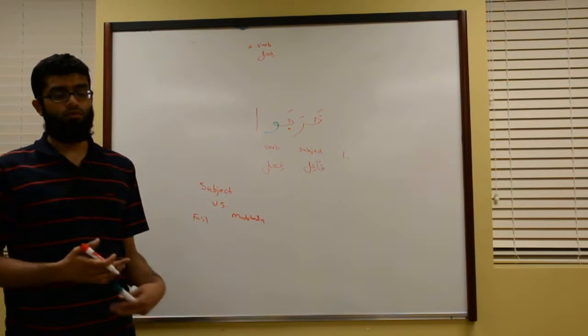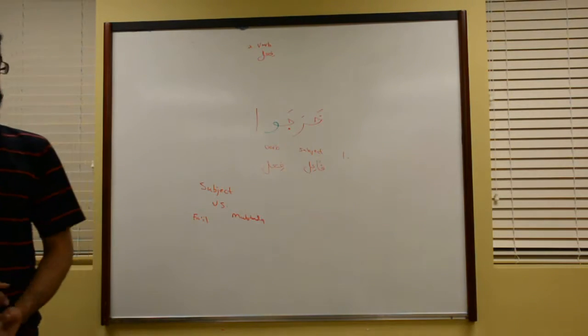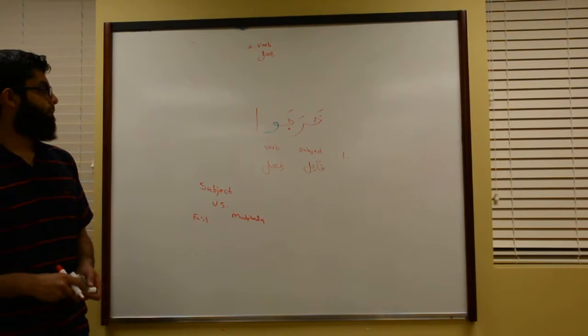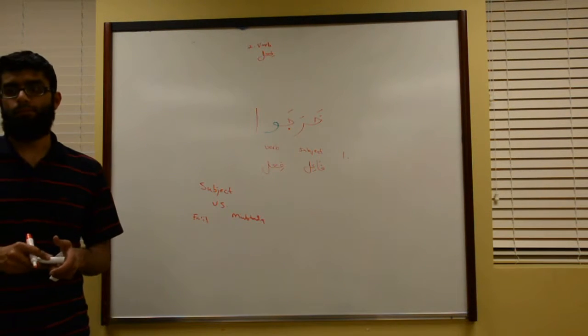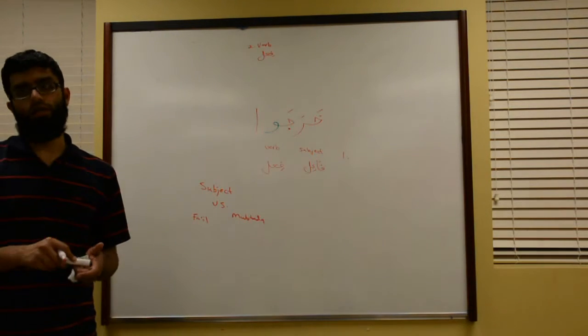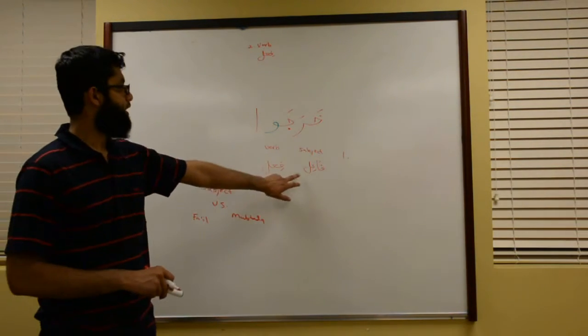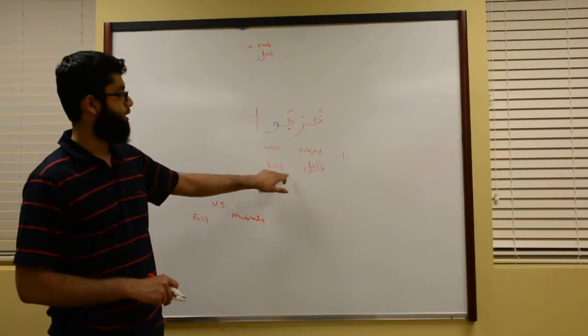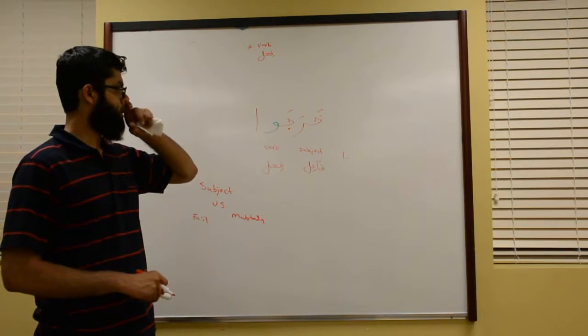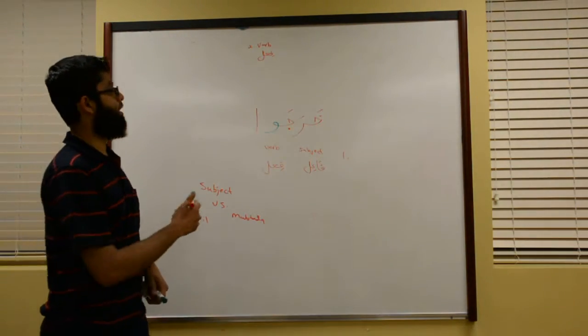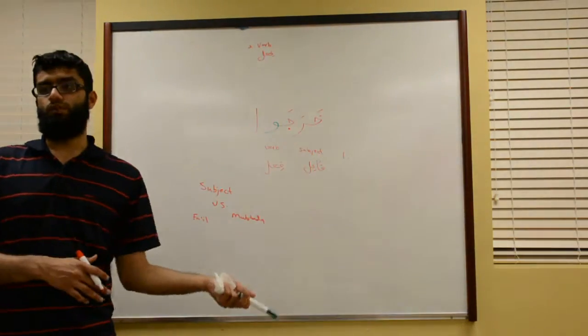Fa'il is in a verbal sentence. If someone says it's fa'il, it has to be a verb, because it's a doer, from the same root, fa'ala, doing the action. Or if I say kharaja Muhammadun, then Muhammad is my fa'il.